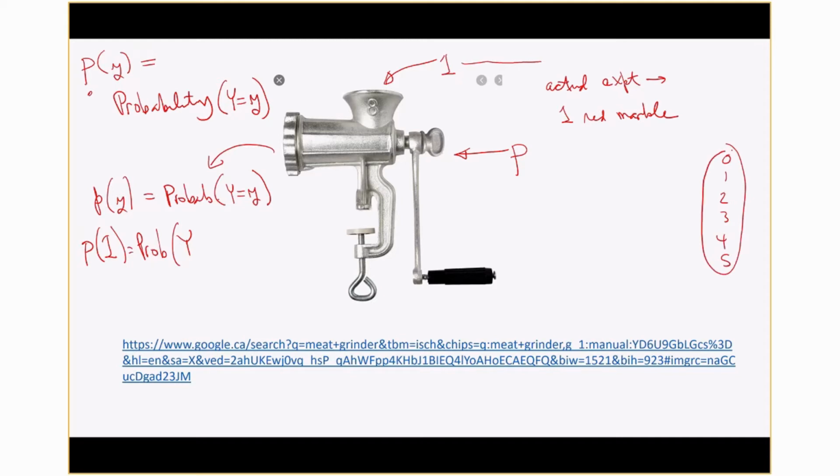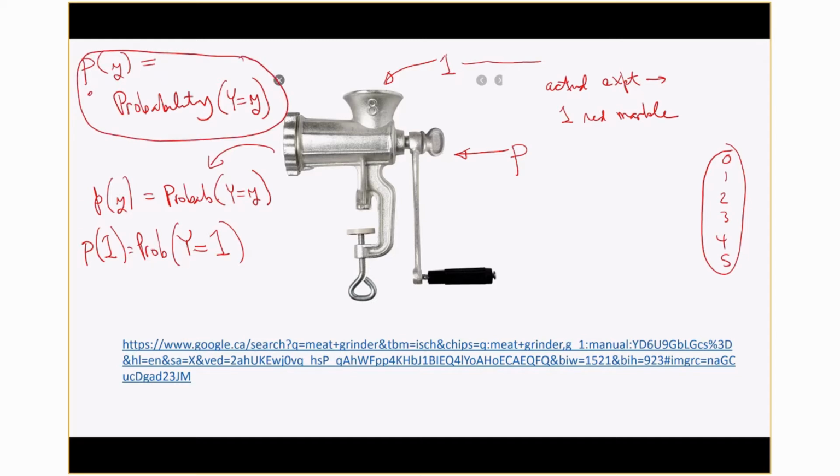There's a random variable y, the set of all possible outcomes, that when you do the experiment, the observed value of the random variable y is actually going to be 1. In other words, there's going to be one red marble. So that's how we can think about the meaning of this expression.